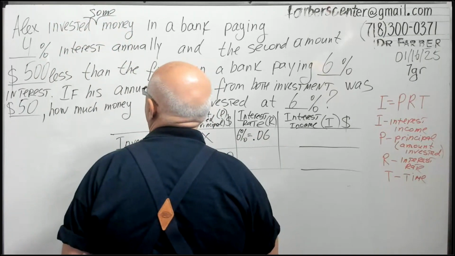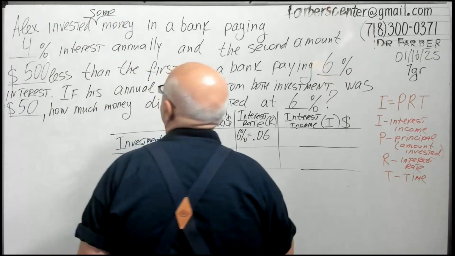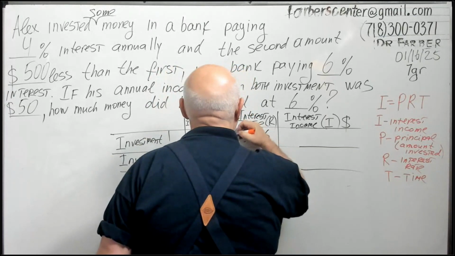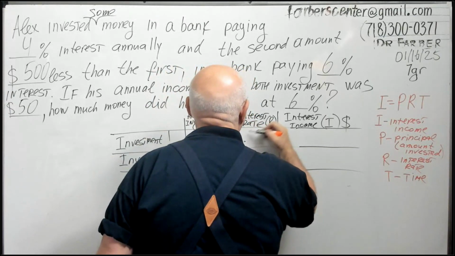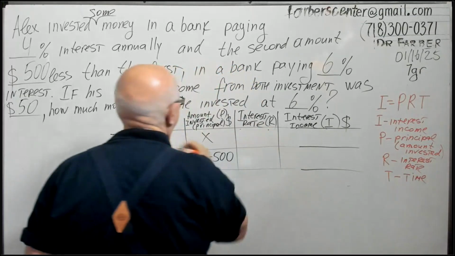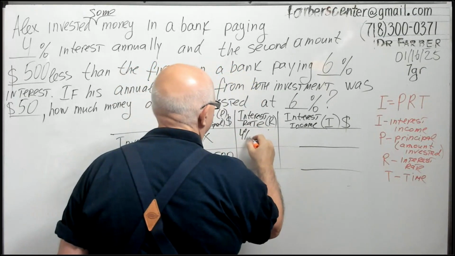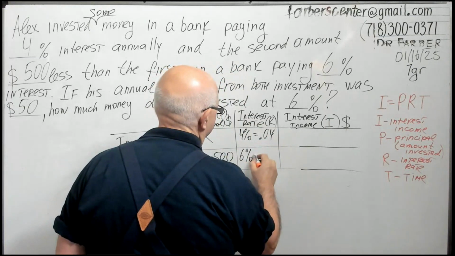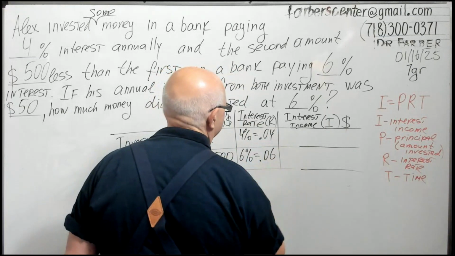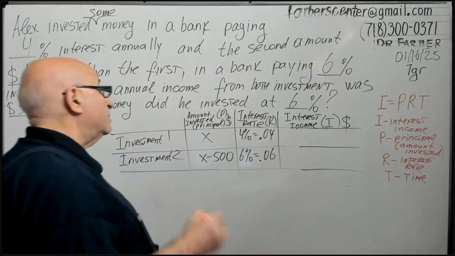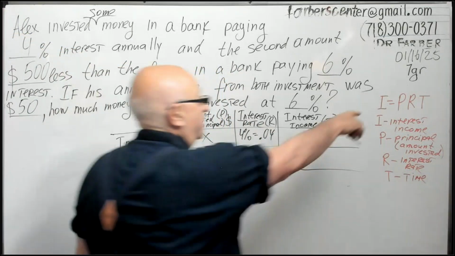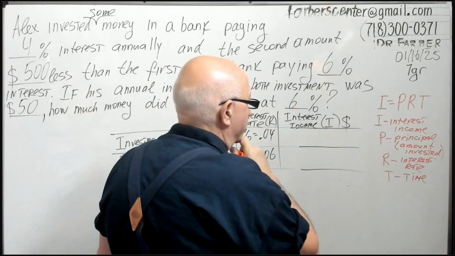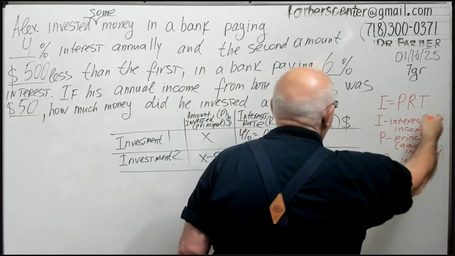And the second one was, no, the first was 4%. This is 4%, not 6. 0.04. And this 6%, which is 0.06. Like we did in all these problems, and you just prove it by this formula. T is 1 for 1 year.